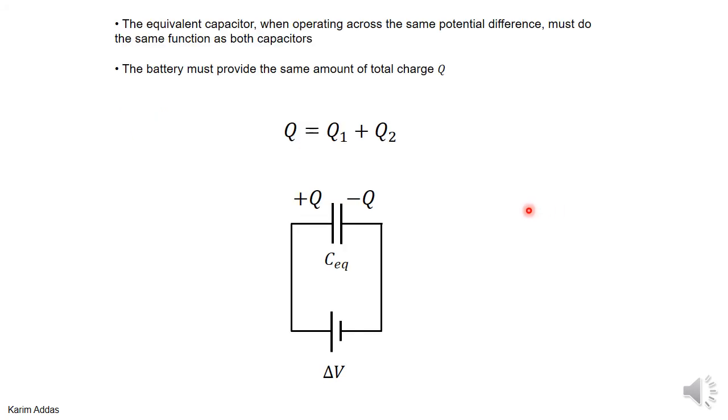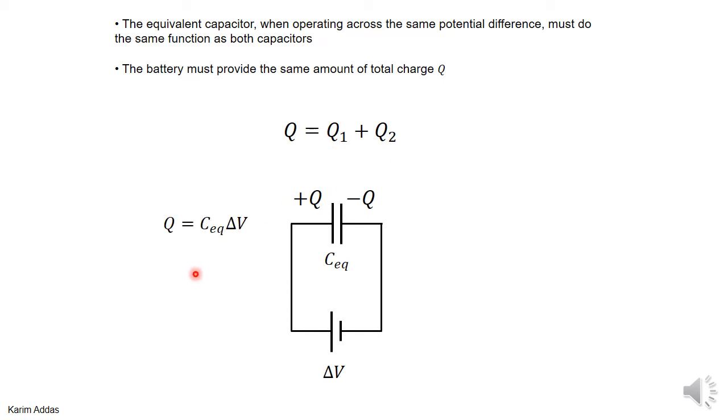We want to replace those two capacitors by one capacitor, called the equivalent capacitor, that does the same job, meaning that for the same potential difference, it supplies the same amount of charge on each side. So the charge Q on this left plate should be Q1 plus Q2.